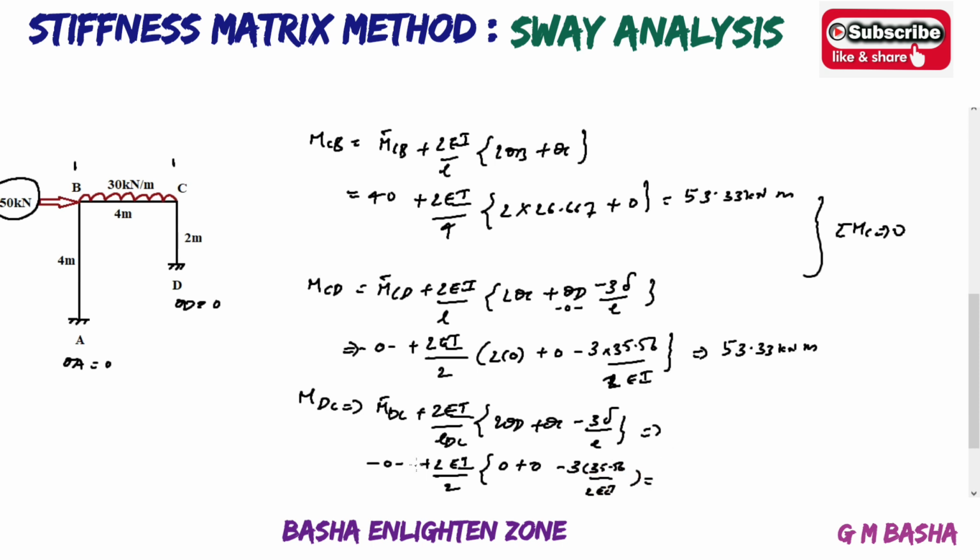So the same value we get in terms of negative. This is minus 53.33 kilonewton meter. Check all the values once again. This is the way we have to solve it by the stiffness matrix method. So we have to analyze this frame by using the stiffness matrix method when it comes under sway analysis.